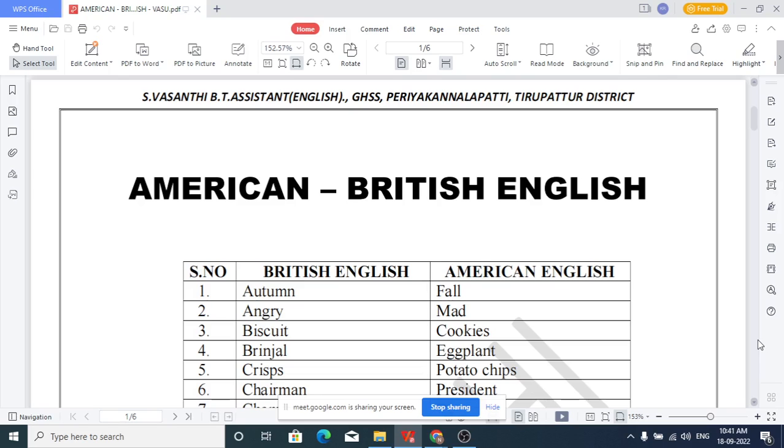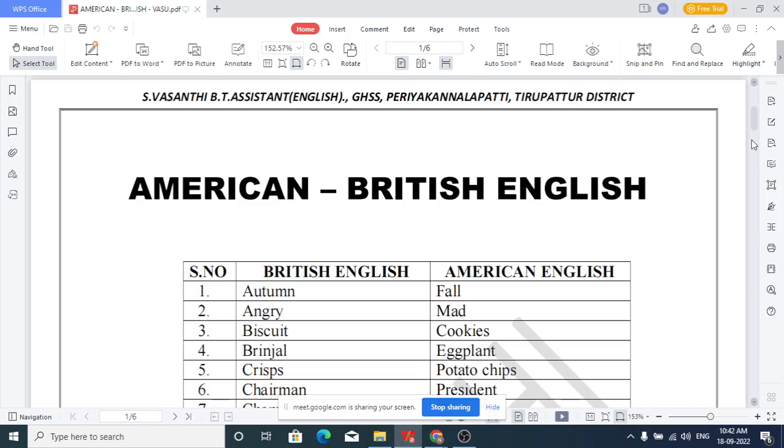Then, in British English we say crisps; that is called potato chips. But in India, nobody says crisps. We all say potato chips. So sometimes we follow American English also. Even though at the time of independence we were using more British English, now it is a mix of both British and American English.